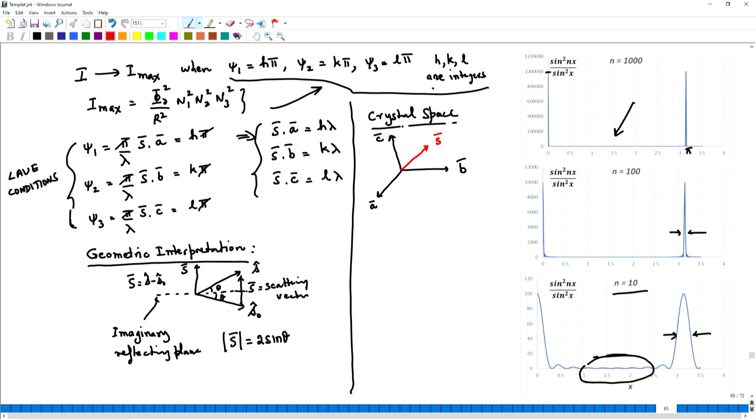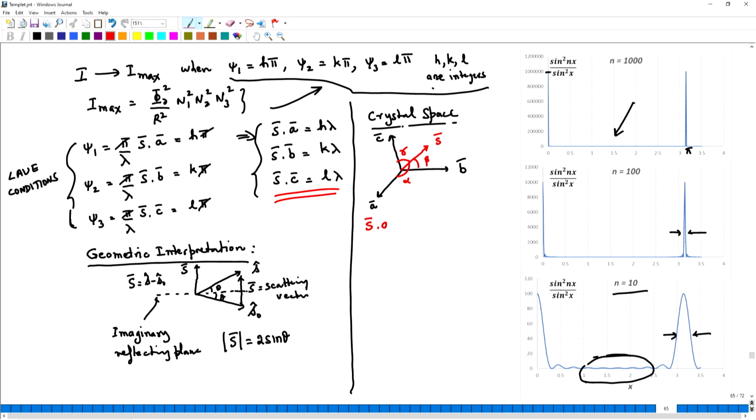Let the scattering vector S make an angle of alpha with the A axis, an angle of beta with the B axis, and an angle of gamma with the C axis. Then let us write these conditions in a slightly different way.